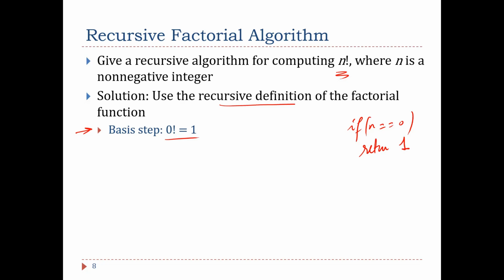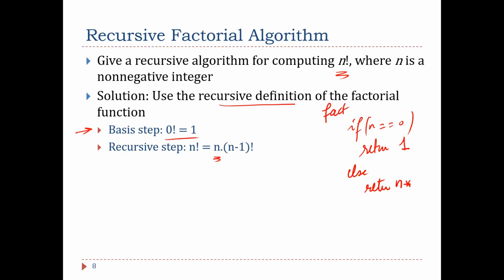So we know what to return. Otherwise, for any other value of n, we know how to do multiplication, so we can return the multiplication of n by something else, but that something else would be the function itself.